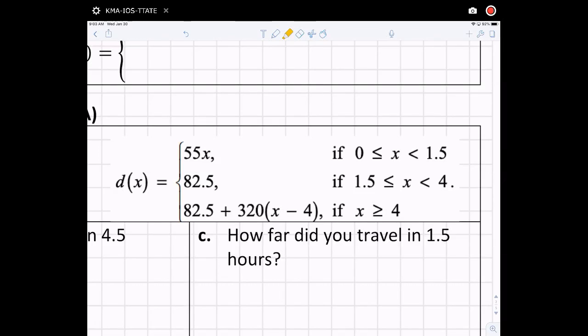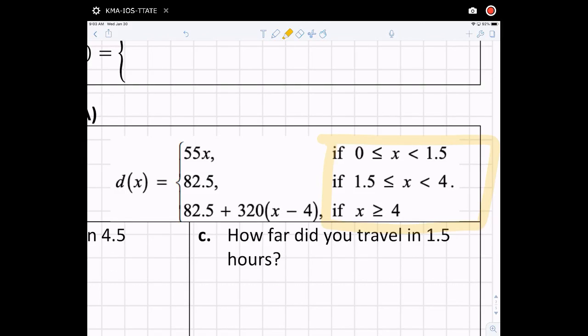If I'm using 2, which one does 2 fit? And I'm not looking at anything on the left. I'm looking at my conditions on the right, because the conditions on the right tell me when do I use 55x, or when do I use 82.5, or 82.5 plus 320 times the quantity of x minus 4. Second one.